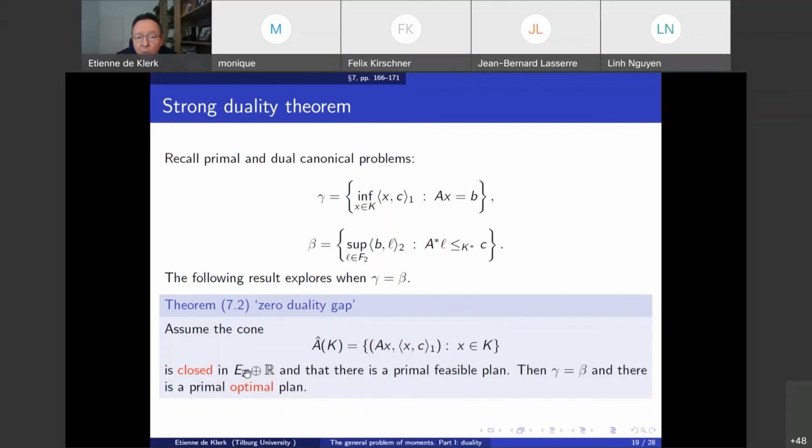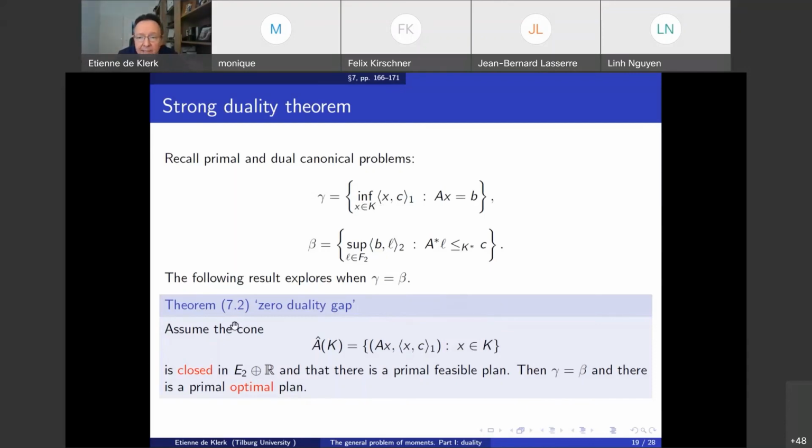Then the primal and dual optimal values gamma and beta are equal, and there is in fact a primal optimal solution. So this condition here is a sufficient condition for the gamma and the beta values to be equal, and providing that the primal problem is feasible, this also guarantees that there's actually a primal optimal solution.